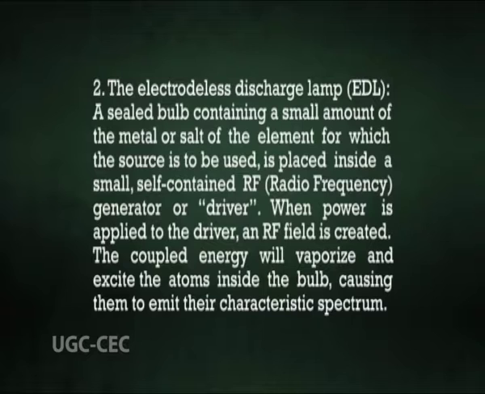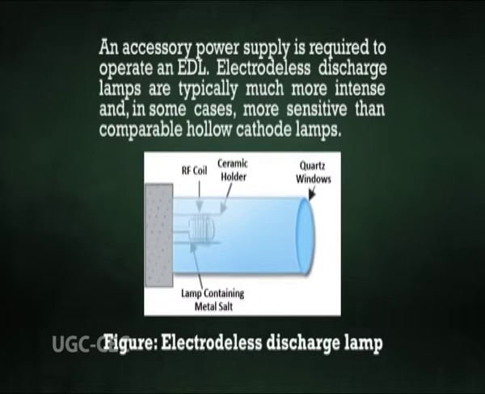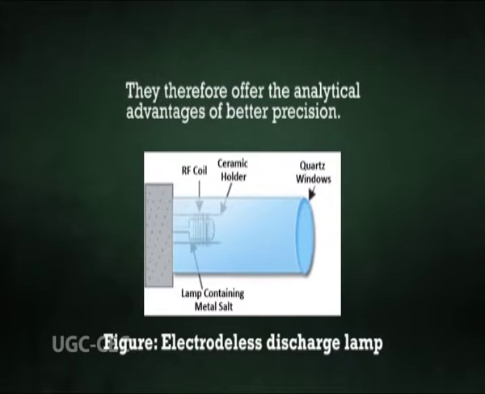The coupled energy will vaporize and excite the atoms inside the bulb, causing them to emit their characteristic spectrum. An accessory power supply is required to operate an EDL. Electrode-less discharge lamps are typically much more intense and, in some cases, more sensitive than comparable hollow cathode lamps. They therefore offer the analytical advantage of better precision.